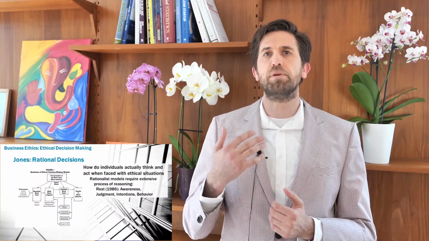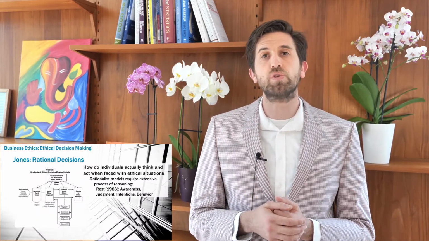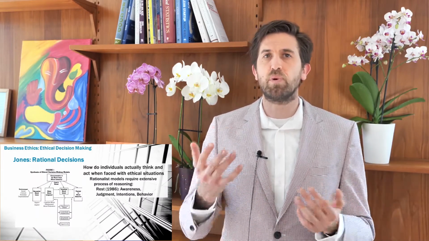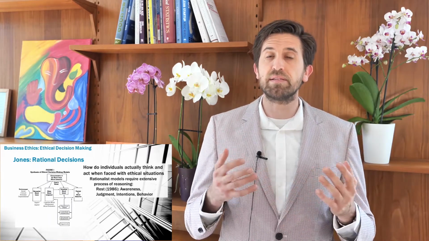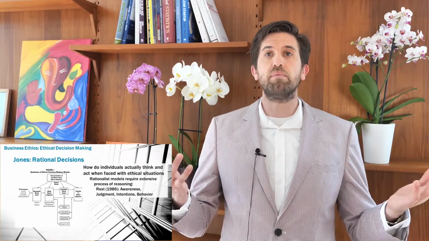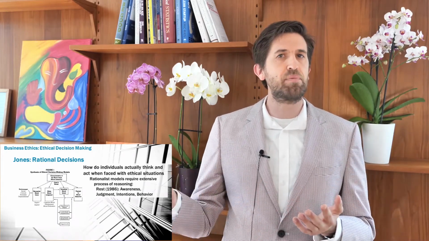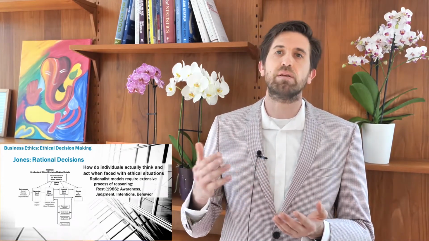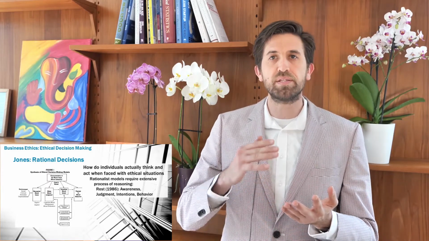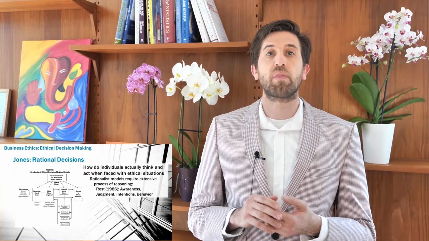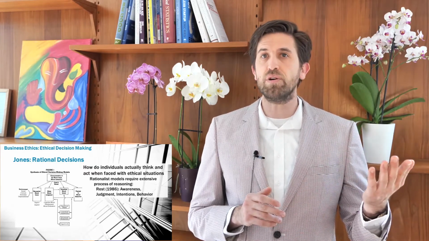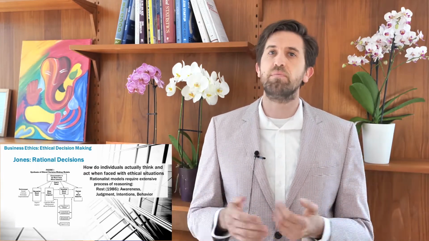Before Jones published this paper, most scholars did not consider the moral intensity as an important aspect. They simply assumed that all moral decisions follow the exact same cognitive process as outlined by Rest: awareness, judgment, intentions, and behavior. You steal a pencil from work is no different from robbing a bank.